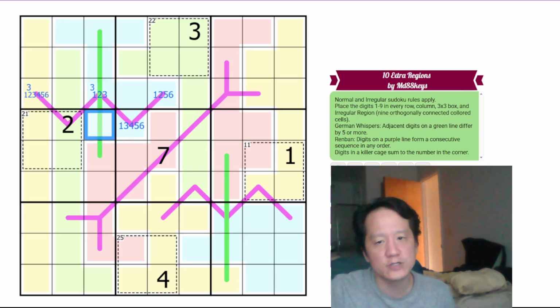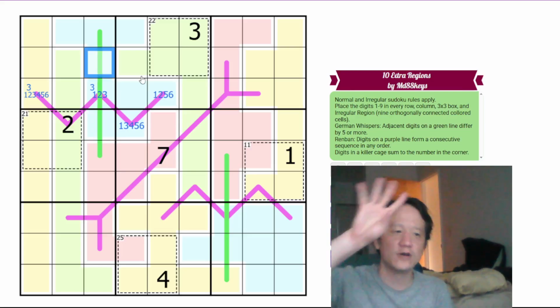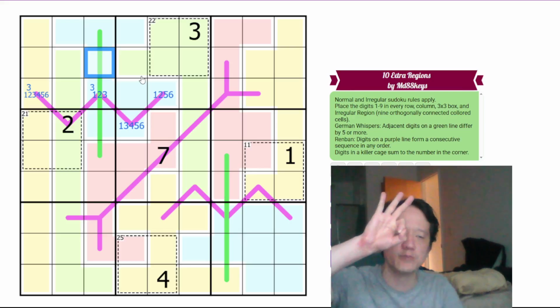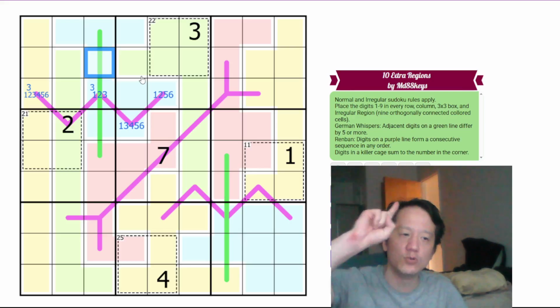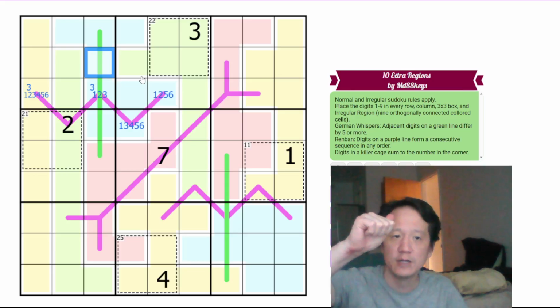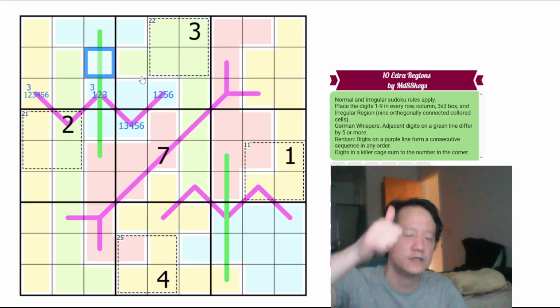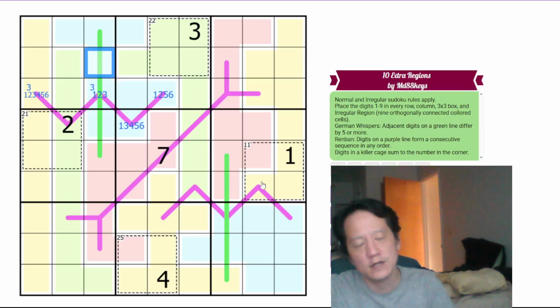That must be next to a high digit on a German whisper line, right? Because if you have 1, 2, or 3, what digits can be next to it? Next to a 1, you could have 6 through 9, because those are the only digits 5 or more away from 1. 2 can be next to 7, 8, or 9. 3 can be next to 8 or 9. So this has to be 7, 8, or 9.